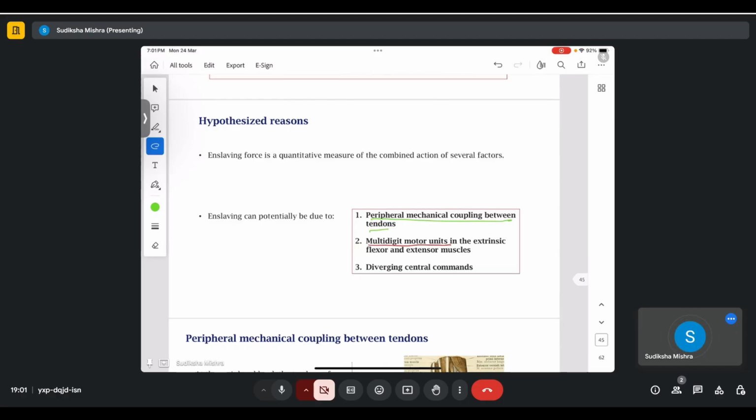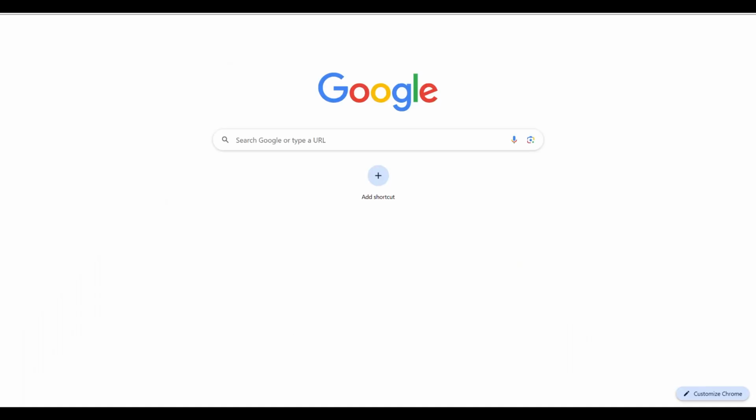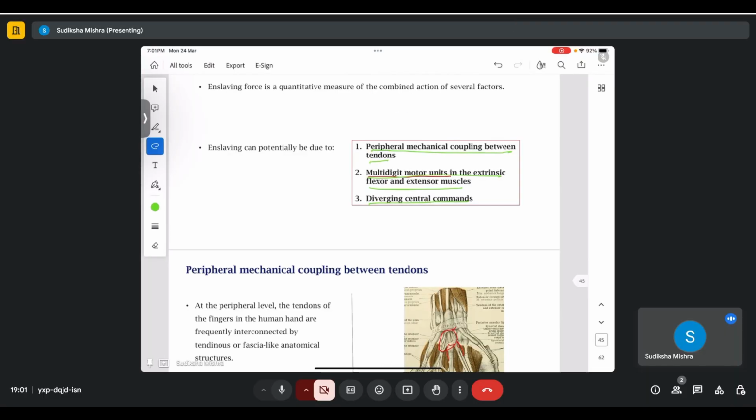The first one is peripheral mechanical coupling between the tendons, which leads to intertendinous interactions and therefore movement in other digits as well. Another is multi-digit motor units in extrinsic flexor and extensor muscles, and diverging central commands.